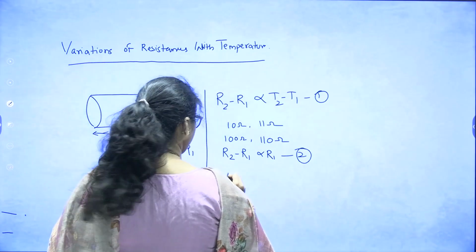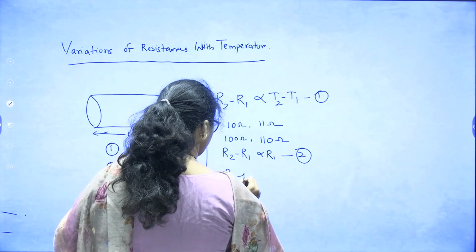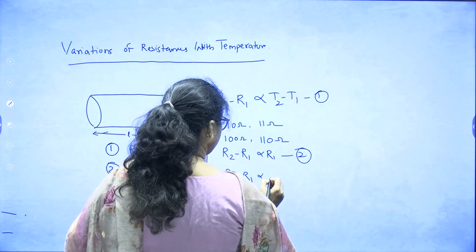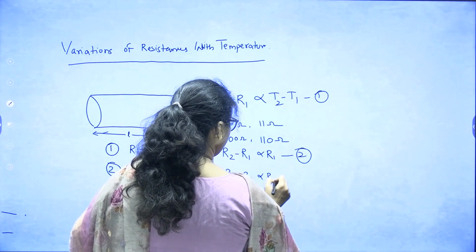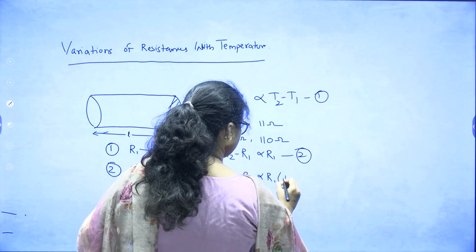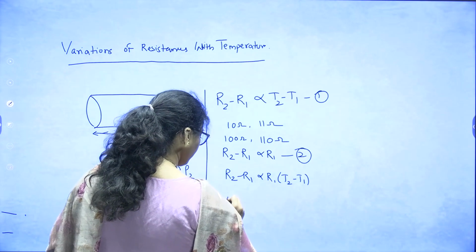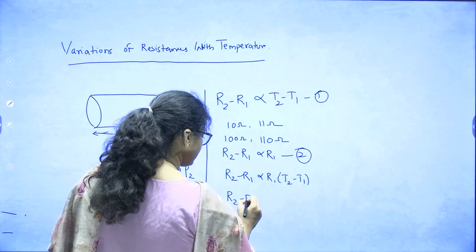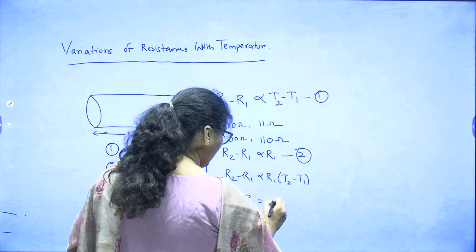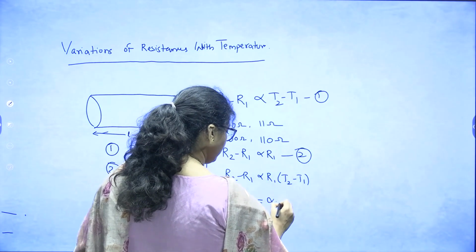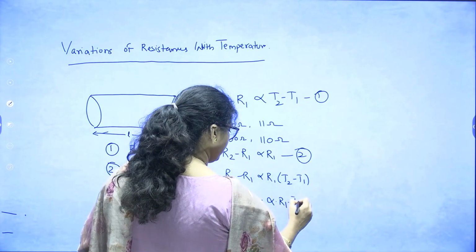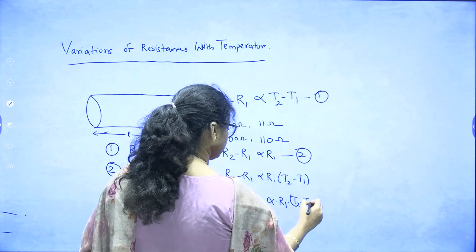I'll write in a simple way. First, R2 minus R1 is directly proportional to R1 and T2 minus T1. Now, I'll remove this proportionality. Then I'll get R2 minus R1 is equal to alpha into R1 into T2 minus T1.